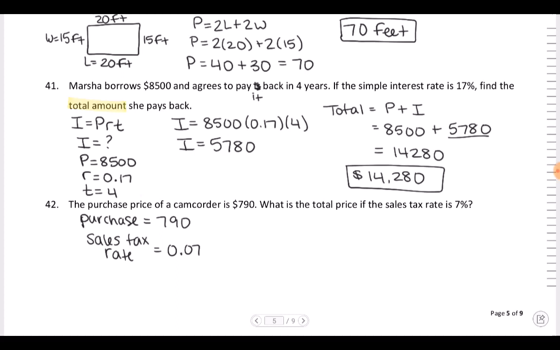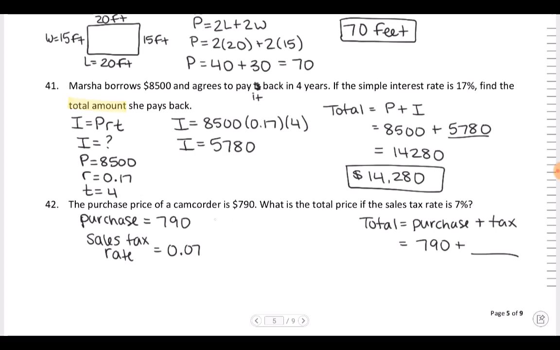So we want to know the total price. So I need to figure out how much is the sales tax, and then I'm going to add that. So again, for the total, it's going to be the purchase price plus the tax. Okay, so the purchase price was $790 plus whatever I find for the tax.